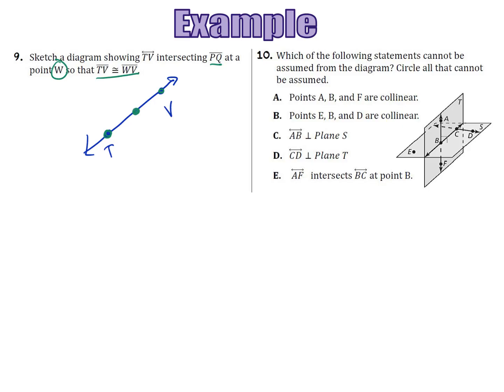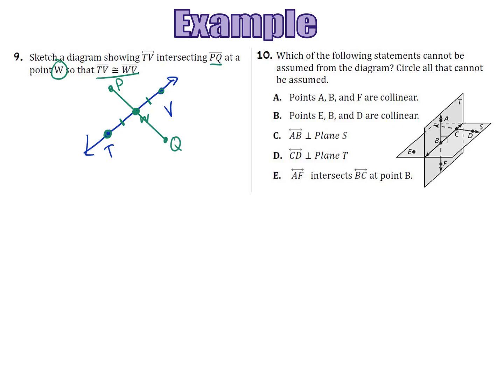So I'm going to approximate where that is. I'm going to use the mathematical symbol of this little tick mark to indicate that those 2 segments are the same length. And then I'm going to go ahead and draw the segment, which is PQ, that's going to pass through W. And then I'm going to label the endpoints P and Q.